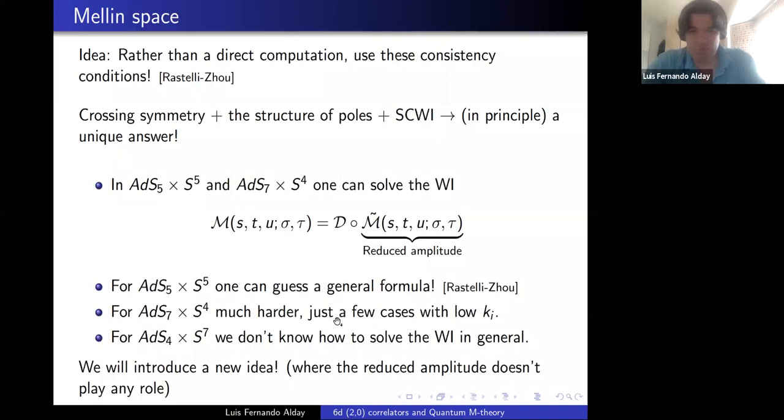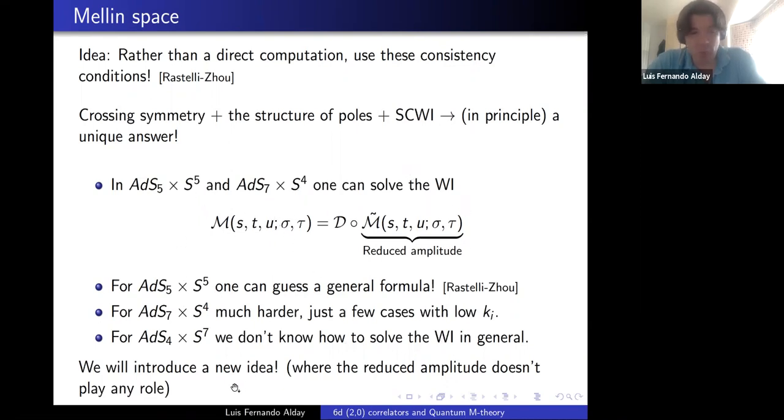They have found only a few cases with low examples of these. For AdS4 cross S7, we don't know how to solve these Ward identities in general, so we don't have this kind of solutions.